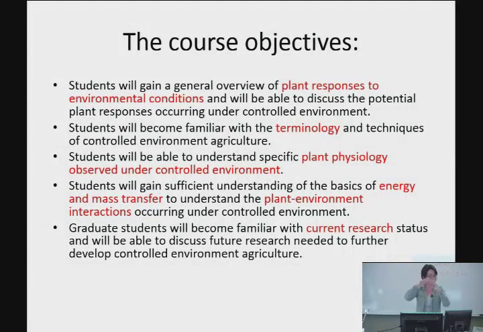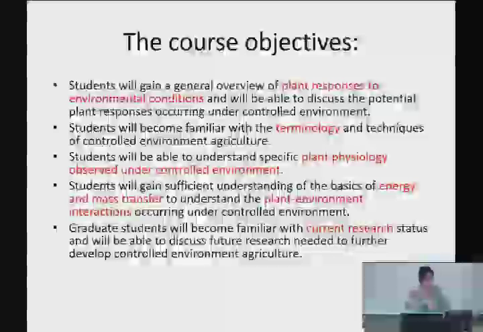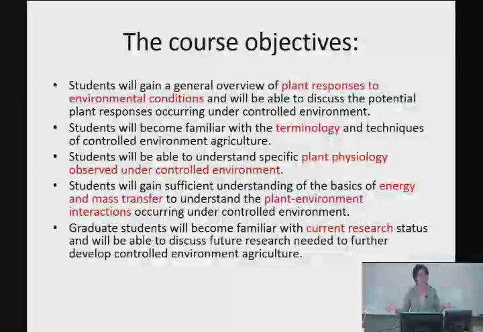Very important in a semi-closed environment in the greenhouse, growth chamber, vertical farming, tissue culture, all that, all right? And then you would understand additional levels of plant-environment system interactions, all right? So that's the goal. At the end of this course, you have a whole idea of the 3 layers of plant-environment system interactions. So that's what you get there.